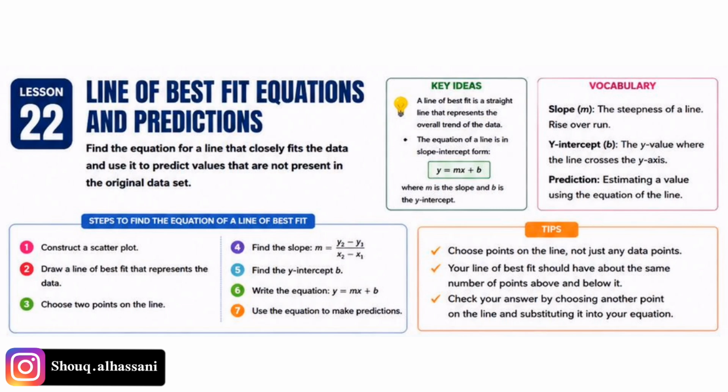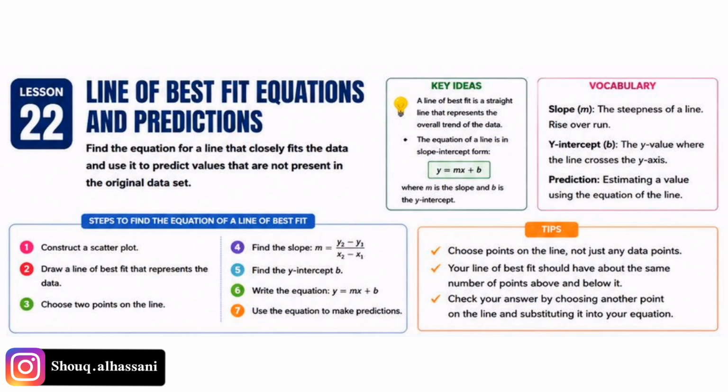Look at the scatter plot and draw a straight line that goes through the middle of the points. Try to balance the data above and below the line, and then choose 2 points that are on the line or close to it, and make sure they are easy to read from the graph.